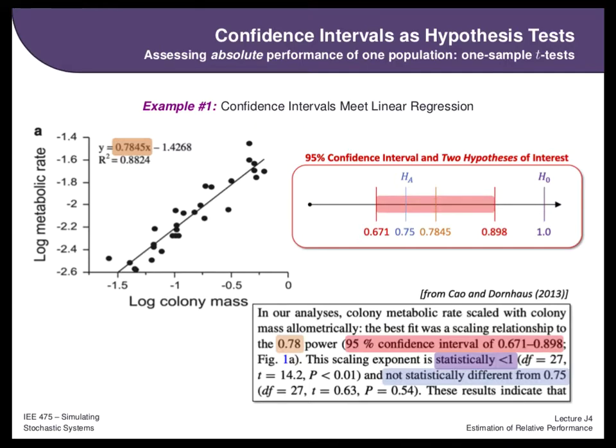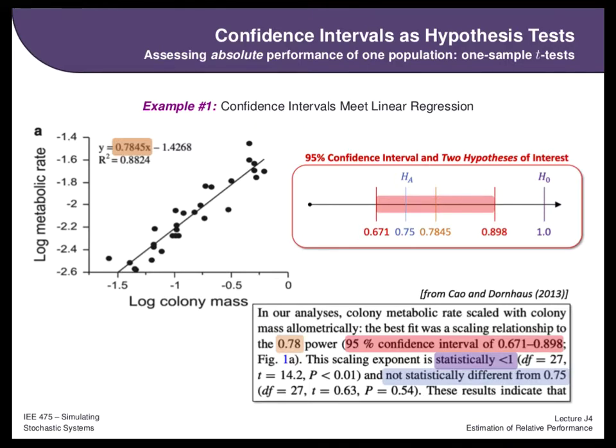And so in their paper, they reported down here that the best fit was a scaling relationship to the 0.78 power. That's that 0.78. And then in parentheses, they say 95% confidence interval from 0.671 to 0.898. So that's what I've depicted up here, 0.671 to 0.898.